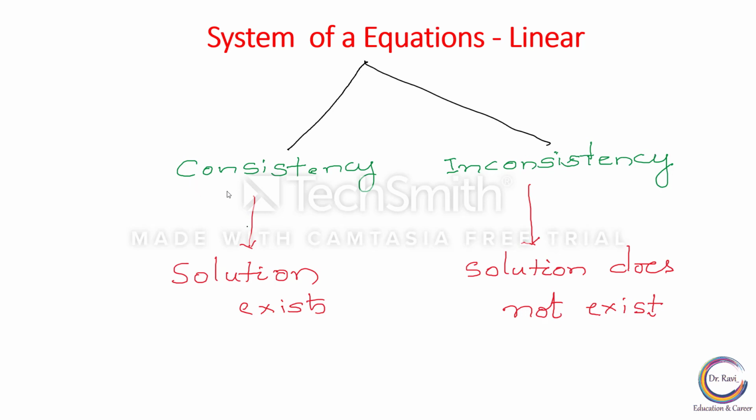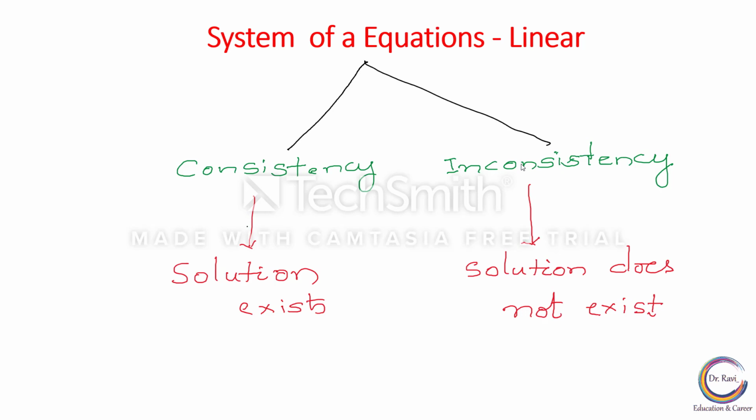Consistency means the system is going to have a solution, that is, a solution exists for the system of equations, then we say the system is consistent. If the solution is not there for the system, that is, a solution doesn't exist for the system of equations, then we say the system is inconsistent.